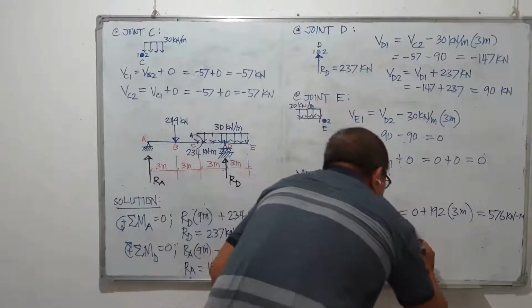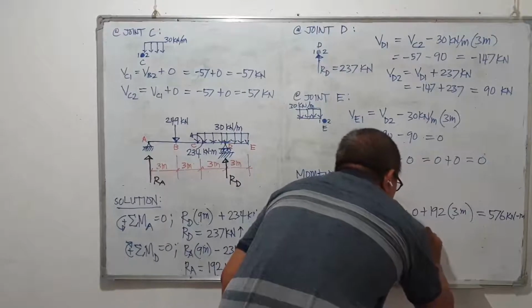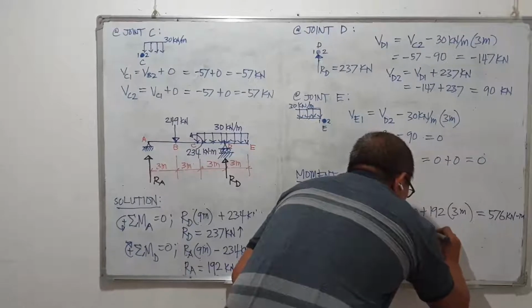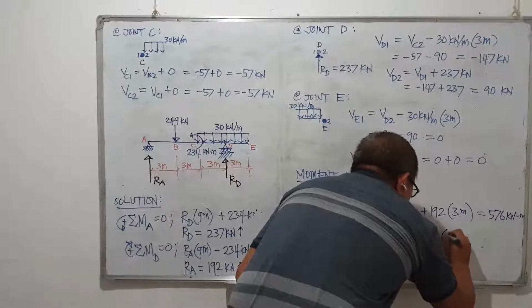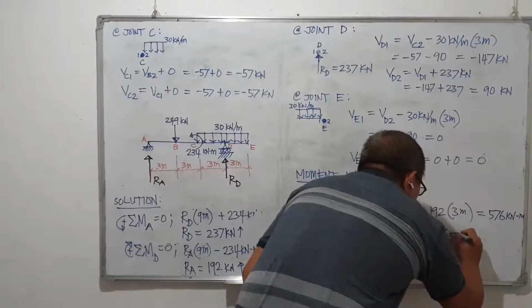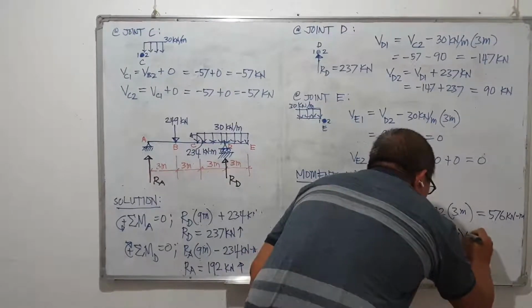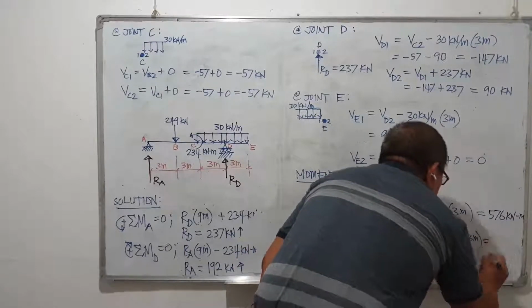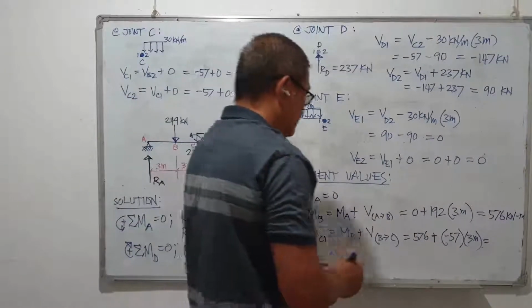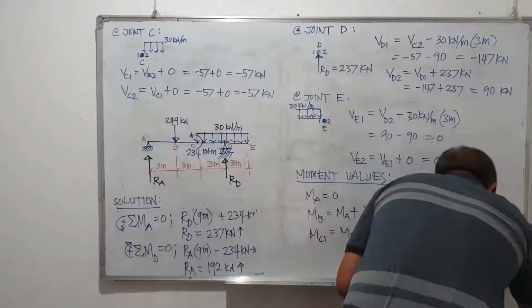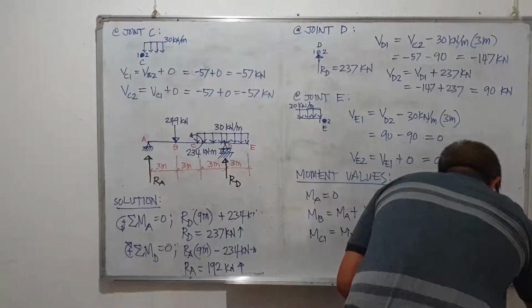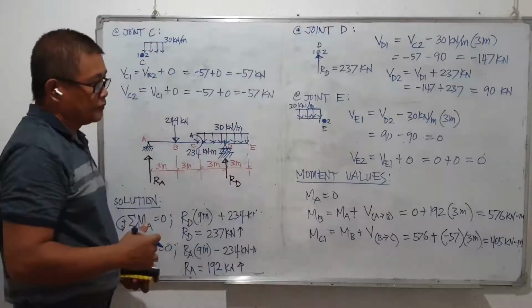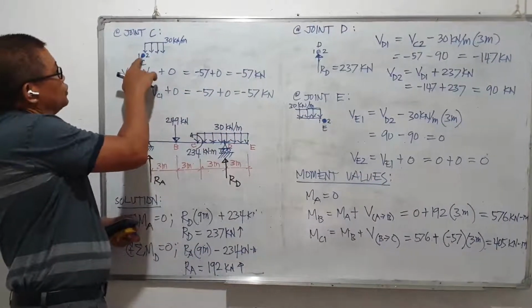So the moment at C1 is 576 plus negative 57 times 3 meters, which is 405 kilonewton meters. That's the value a little to the left of point C.